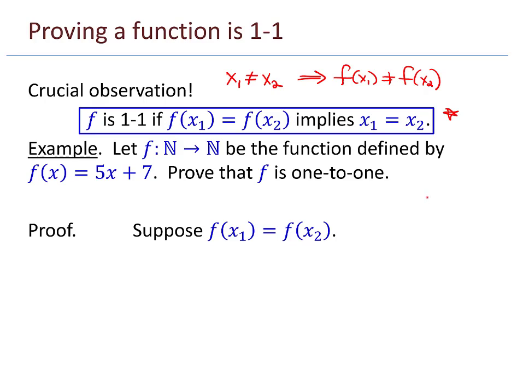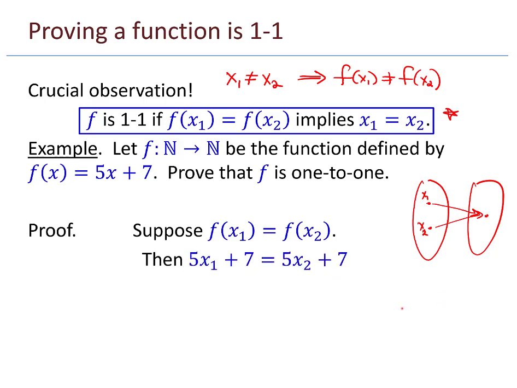I'm imagining a two-set diagram, and I think, maybe there's x1 and x2, and both map onto the same thing. That's f of x1 and f of x2. Well, if that's the case, then 5x1 plus 7 equals 5x2 plus 7. That's the definition of f. Subtract 7 from both sides. Divide by 5.